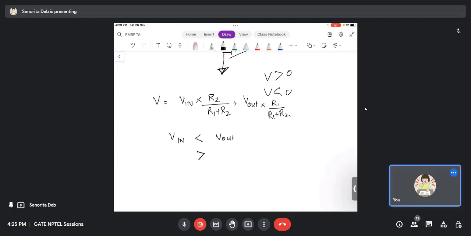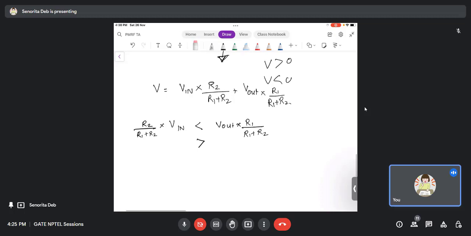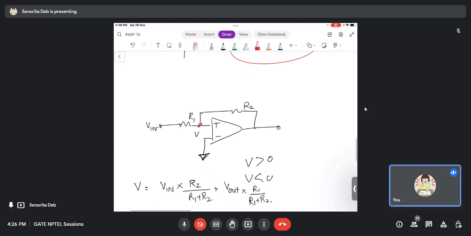Vout into R1 by R1 plus R2, this one, right? So either greater or less. The other stuff cancels out, so Vin is compared directly to Vout times R1 by R2, right? You see the op-amp will compare these two voltages, V and 0.